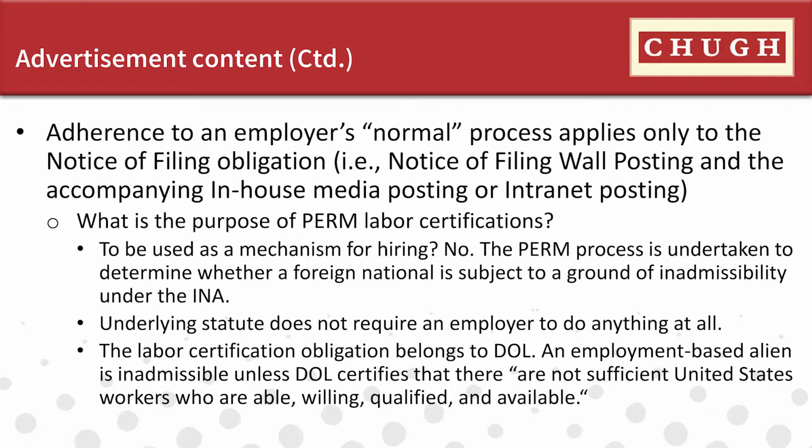And only upon the Department of Labor concluding that there is not a U.S. worker who is able, willing, qualified, and available, can that foreign national who is inadmissible now be deemed admissible and therefore apply for U.S. permanent residence.